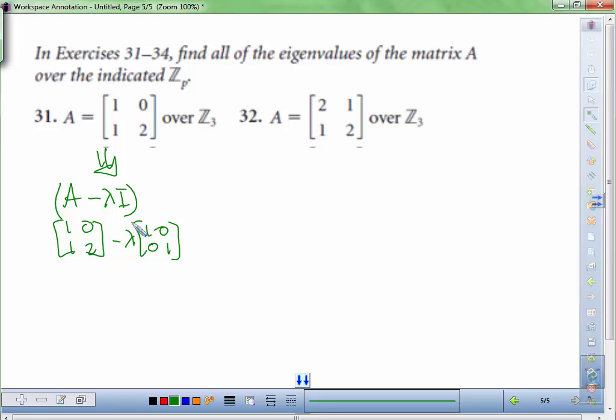So we're going to have 1 minus lambda, 0, 1, and then 2 minus lambda. We can translate now.